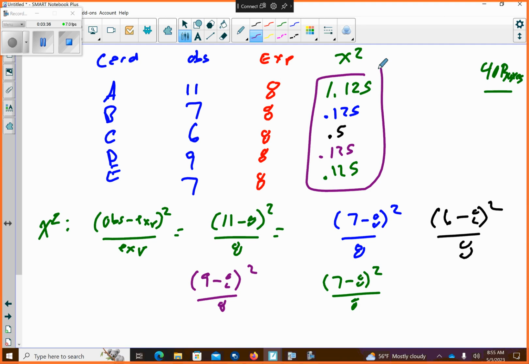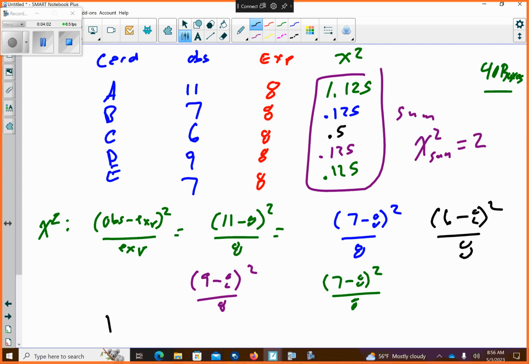Is there any question of how that happens? Okay, so then I need to sum this up, and this will be all I'm doing. 1.125 plus 0.125 plus 0.5 plus 0.125 plus 0.125, it adds up. So the chi-squared sum is equal to 2.